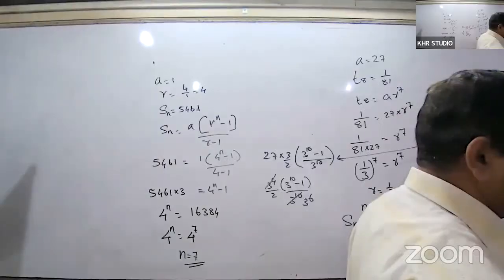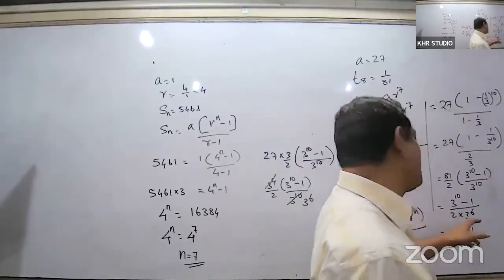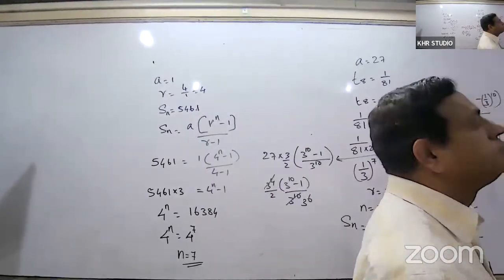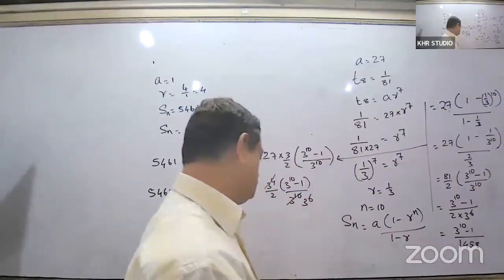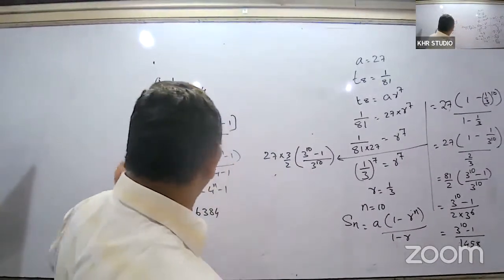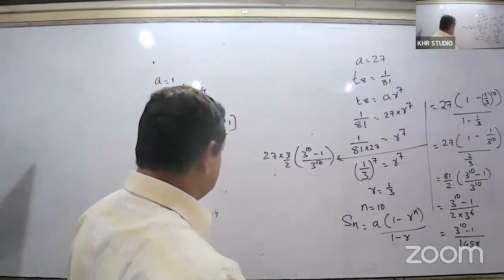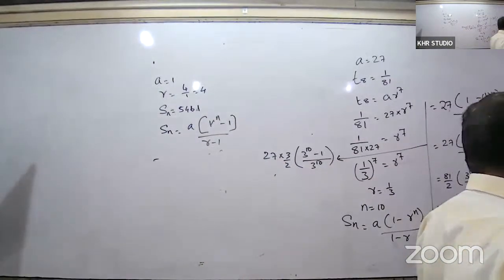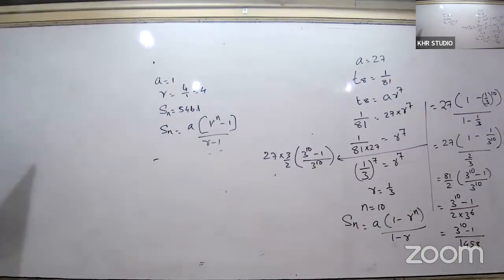No, we should take 3 raised to 6 only. The 2 into 3 raised to 6. They have normal calculation to get. 3 cube is 27, 27 squared is 729.